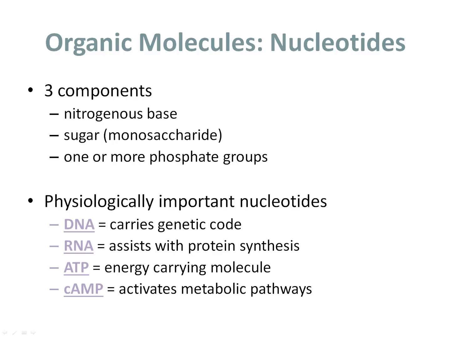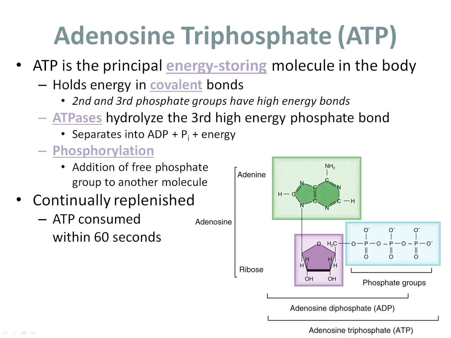So physiologically important nucleotides: DNA carries the genetic code, RNA assists with protein synthesis, ATP is an energy-carrying molecule, adenosine triphosphate, and cyclic AMP, or cAMP, can activate metabolic pathways. We'll talk more about cAMP when we talk about cellular physiology in the next chapter.